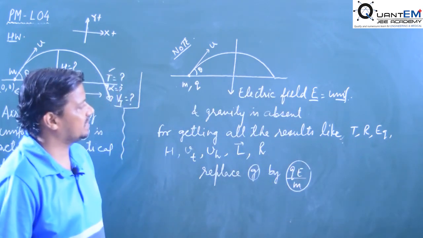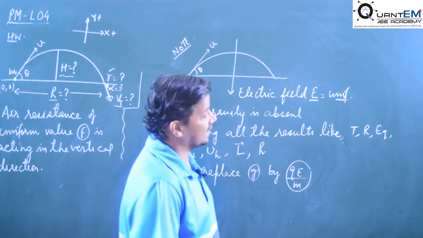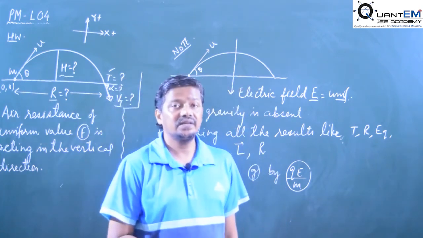What we have to do in the formula is replace g, the acceleration due to gravity, by qE by m.